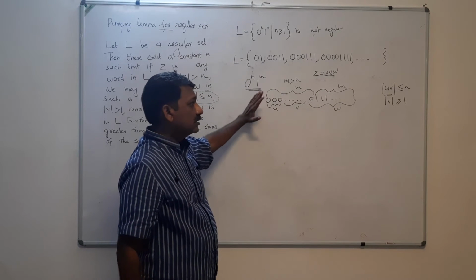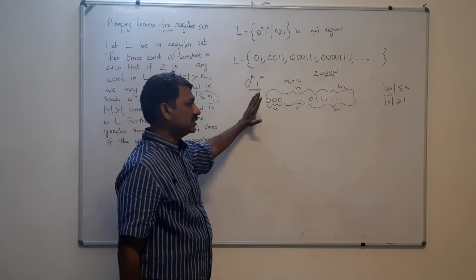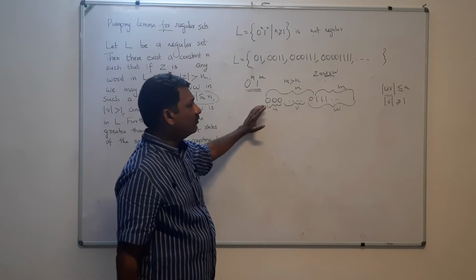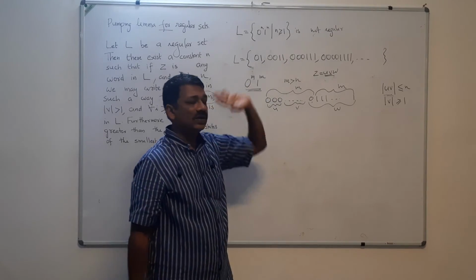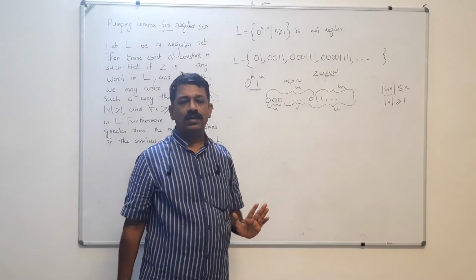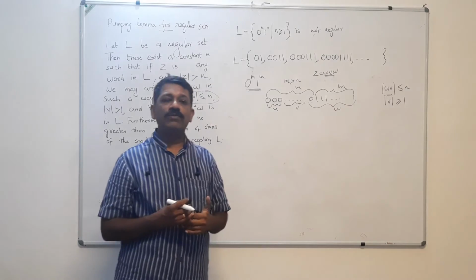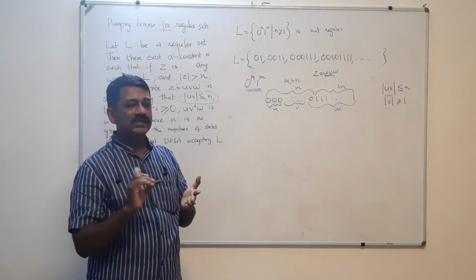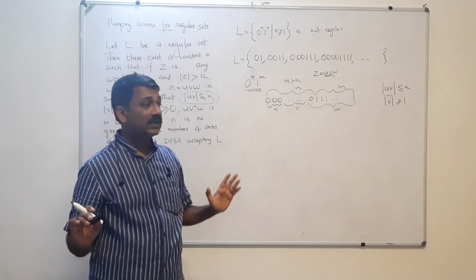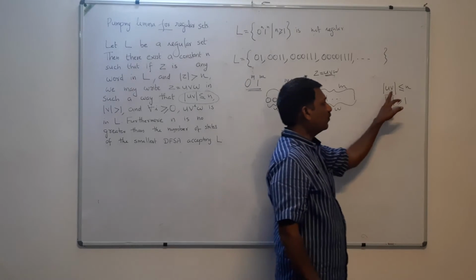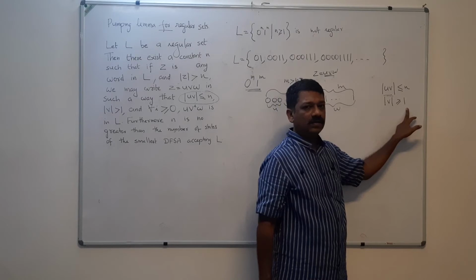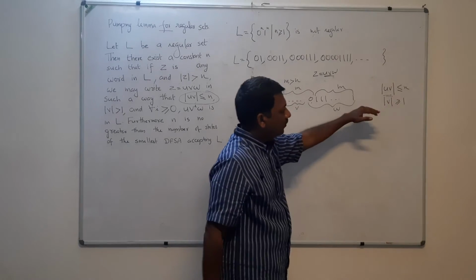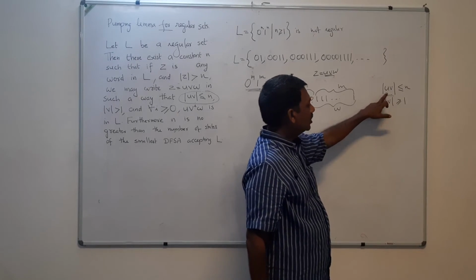Here you should be very careful about this. Initially, we suppose that 0 raised to n, 1 raised to n is regular. If it is regular, we should be able to write it in z is equal to uvw form. The condition is modulus of uv less than or equal to n and modulus of v greater than or equal to 1.